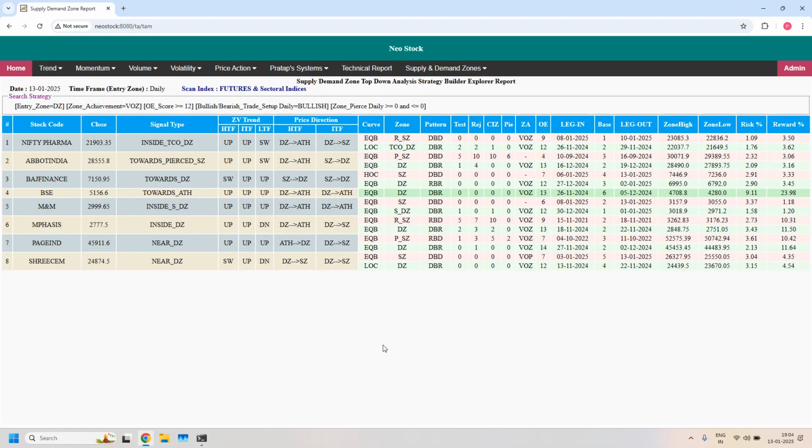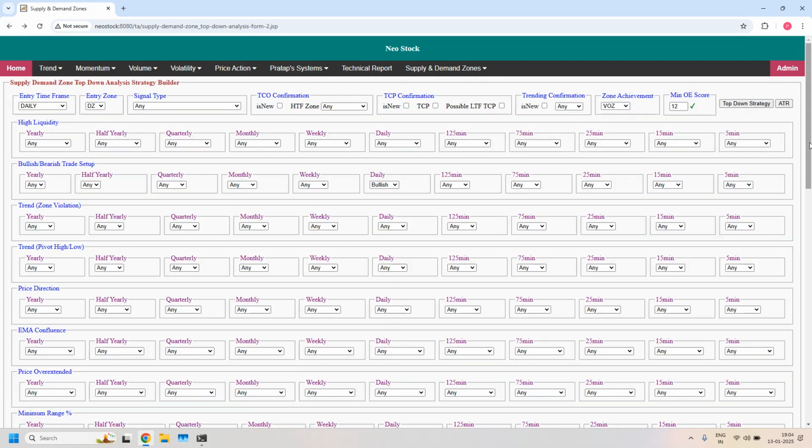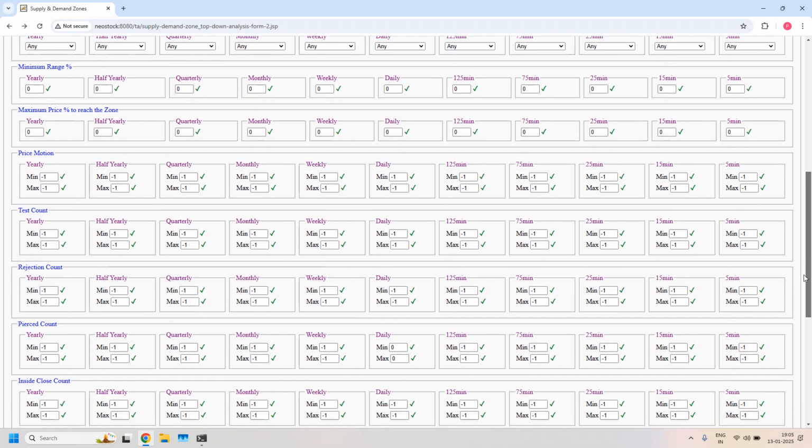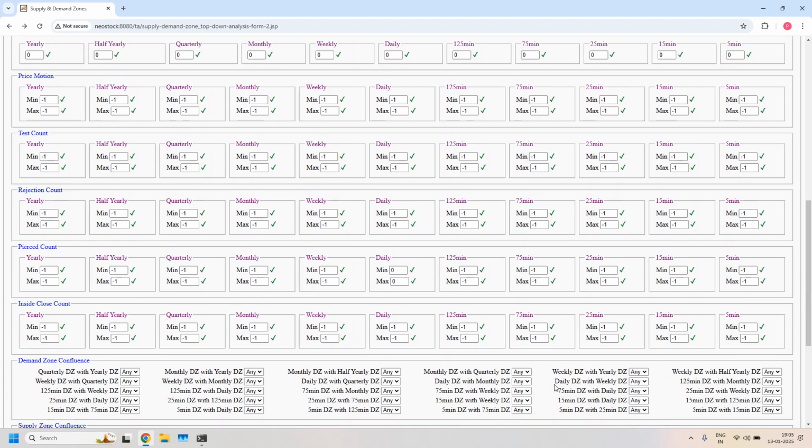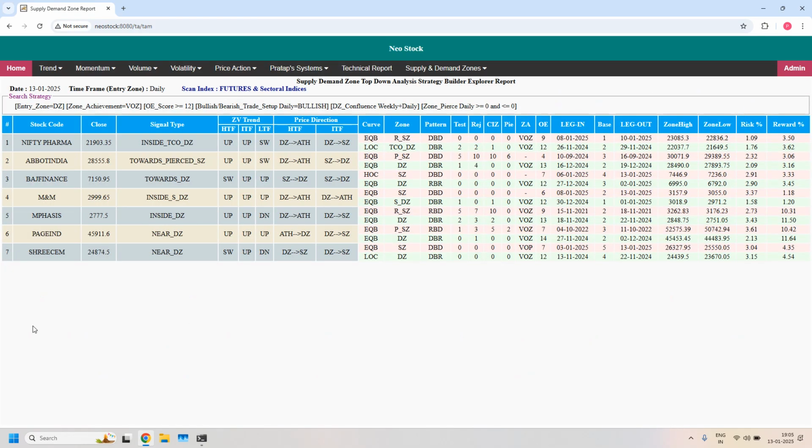We can further filter based on the zone confluence. First filter is LTF and ITF demand zone confluence. That is nothing but daily and weekly demand zone confluence. I enable the filter. With this filter, now the list has come down to 7. In these 7 stocks, all these daily demand zones are part of the weekly demand zone.